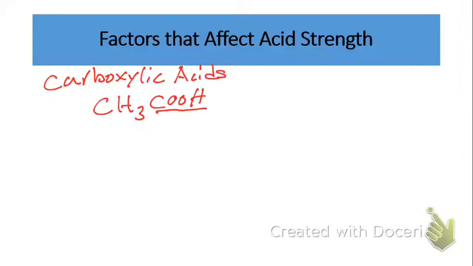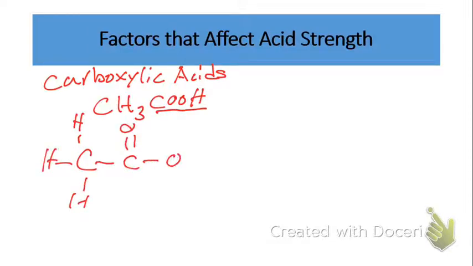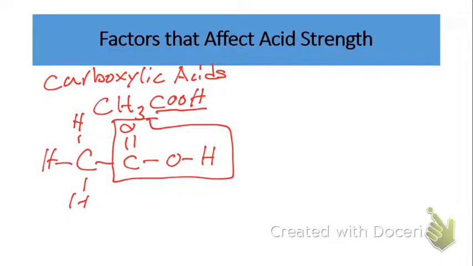The COOH group structurally looks like this. All right, so this right here is the carboxylic acid group that I've highlighted here. This is the COOH group that we look at, okay?